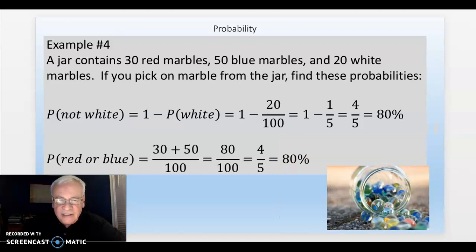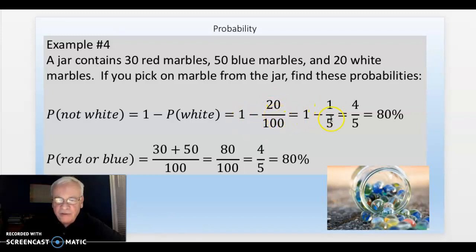Now think of the same jar. What's the probability of not getting a white one? Well, that's 1 minus the probability of getting a white one. There's 20 white ones, so 20 over 100 is the probability of getting a white one. You go 1 minus that.